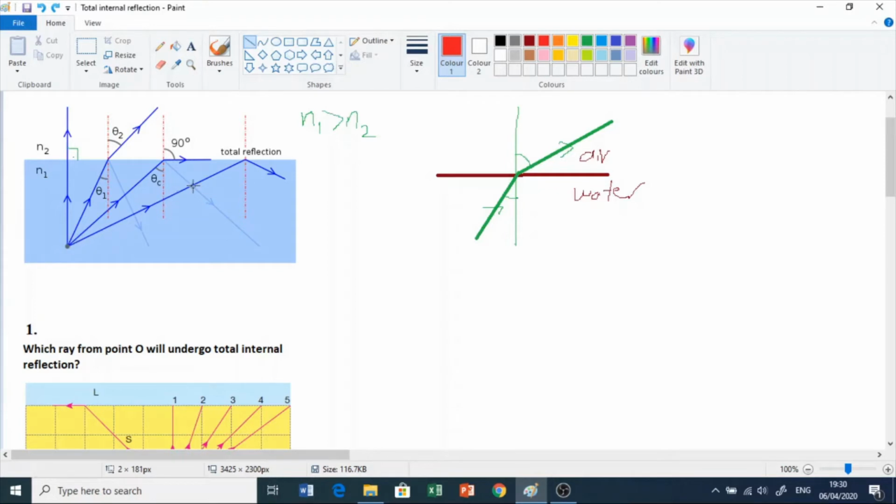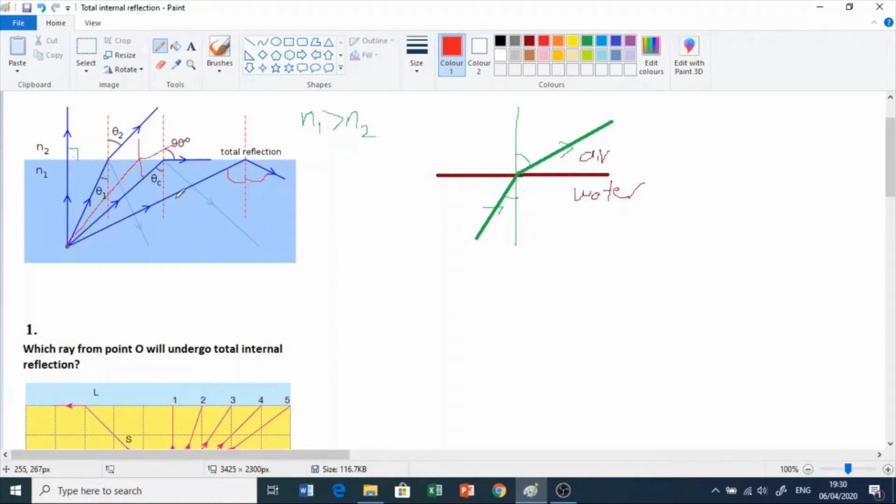When the angle of incidence is bigger than the critical angle, something interesting happens, and the light ray is reflected with the same angle. Up to here, we have some refractions. This is the normal. It refracts. Here, it also refracts. Here, also refracts.